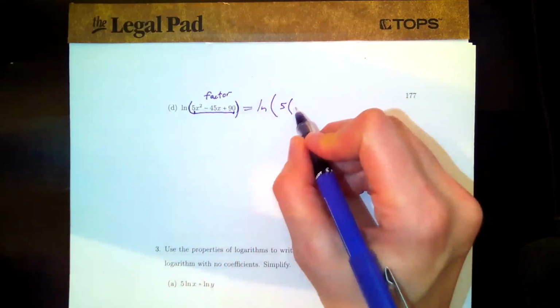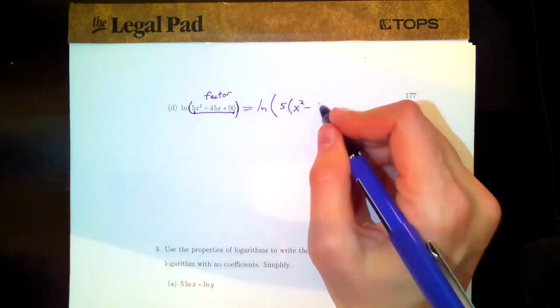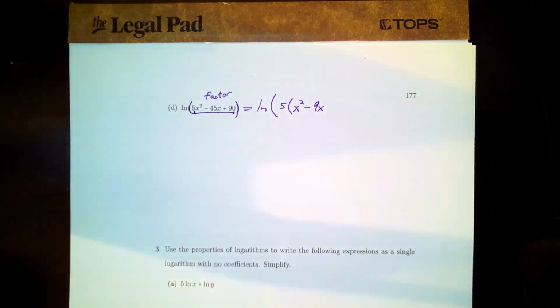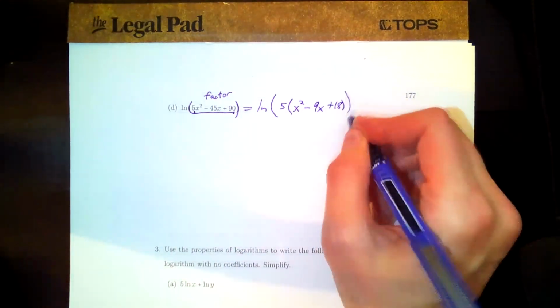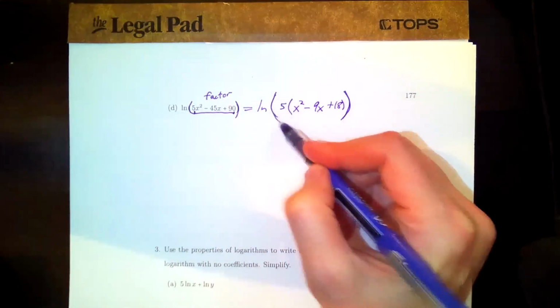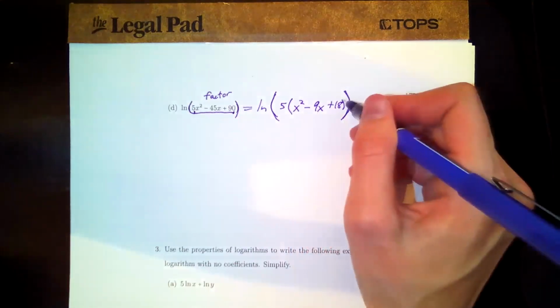So I have 5 times x squared, minus 45 divided by 5 is 9, and 90 divided by 5 is 18. So if I pull out a 5 as the greatest common factor inside my log, then I have x squared minus 9x plus 18 there in the middle.